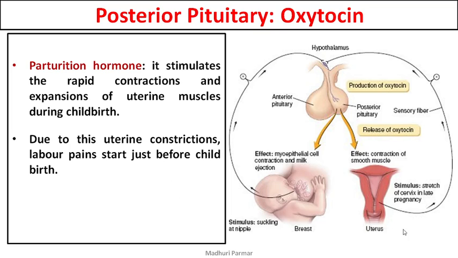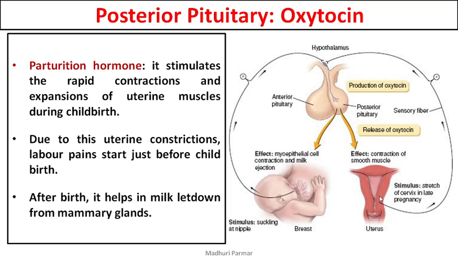Because of these uterine contractions only, the labor pains start just before childbirth. After birth, it helps in milk letdown. I told you this during prolactin: prolactin will cause synthesis of milk, but it will not release the milk. Release, or ejection, of milk will occur only with the help of oxytocin.